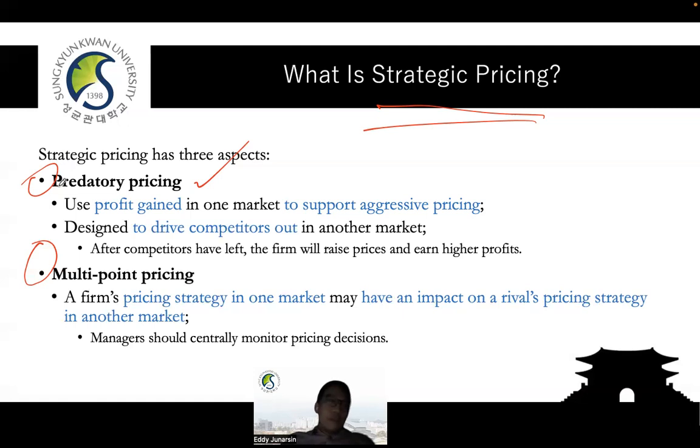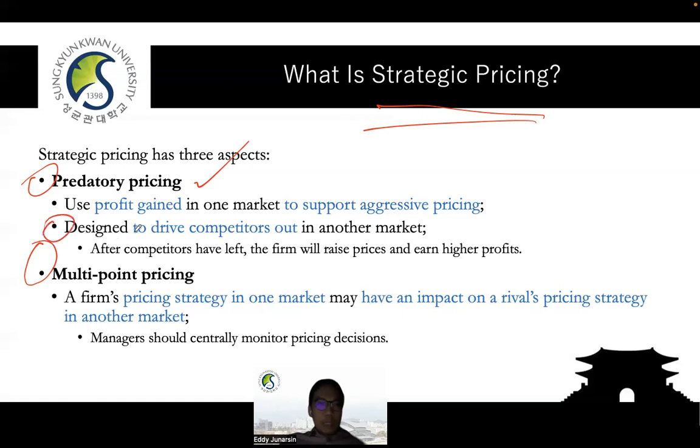But in another place where we have oligopolistic or even monopolistic power, we try to garner as much profit as possible, and we use that profit to compensate for the losses we suffer in other markets where we do the predatory pricing. So we intentionally do aggressive pricing, maybe selling at cost or even lower than cost.